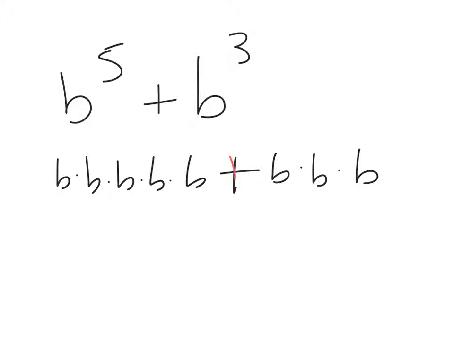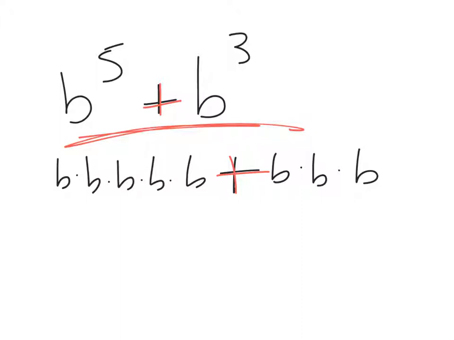We've got this plus sign in the middle of it now. So when you're adding two of the same base that have different exponents, these are considered unlike terms, and they cannot be combined. They'll only be able to be combined if they have the same exponent.